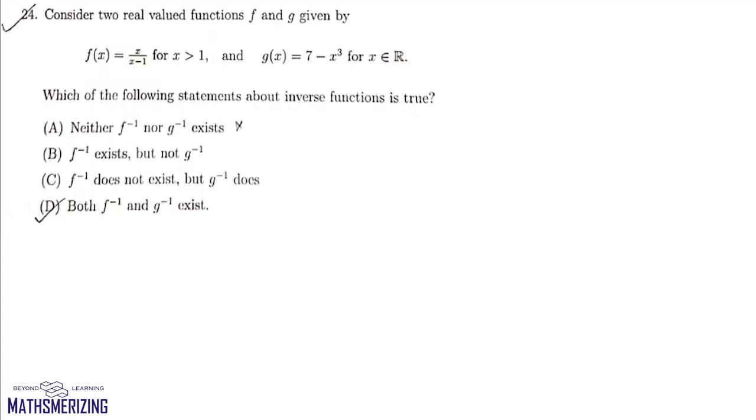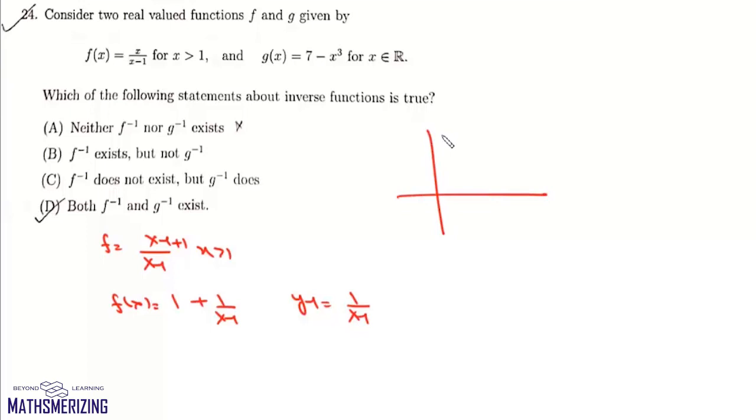Now question number 24 is, we are given two real valued functions f and g, and f is given by x upon x minus 1 for x greater than 1. Now if we subtract 1 and add 1, we can write fx as 1 plus 1 upon x minus 1, and it will be y minus 1 equals 1 upon x minus 1, which is a shifted rectangular hyperbola.